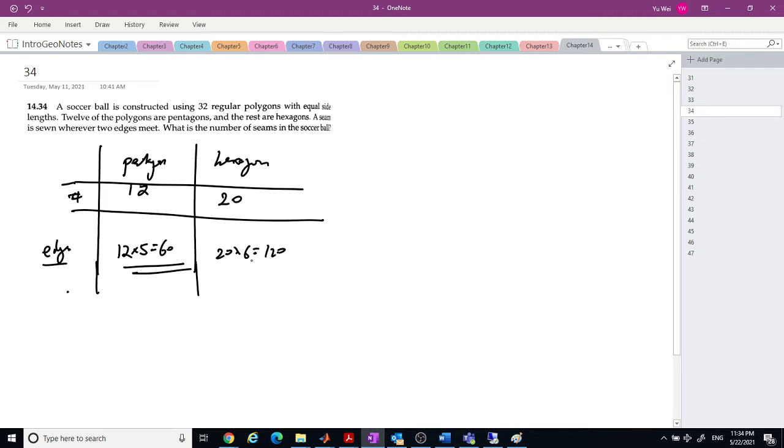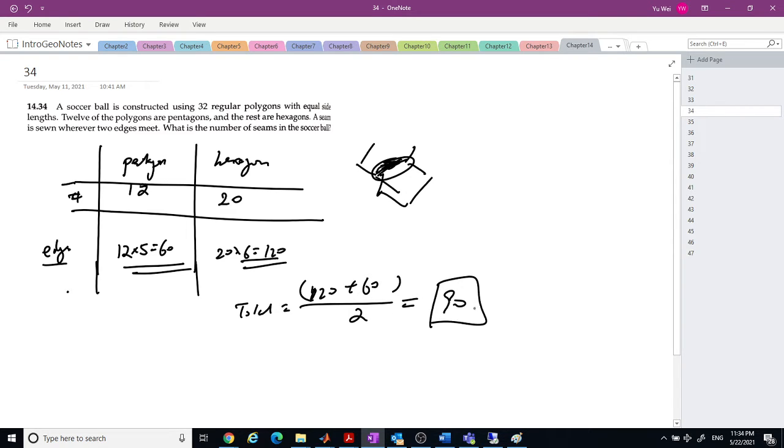Think about it: any edge is connected by two polygons, so each edge is counted twice. So the total edges will be 120 plus 60, then divided by 2, which is equal to 90 edges.